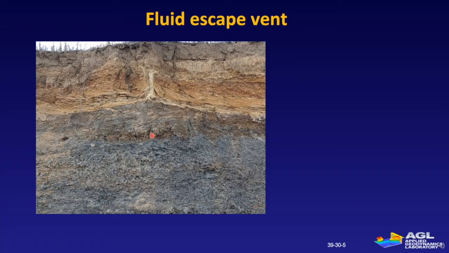Let's look at a few other features. This is a very nice example of a fluid escape vent. If you look at this carefully, what you find is that the fluid has bent the sediments up. Some of this may actually be sand volcano. What you see within the core of this fluid escape feature is mostly sand, so it doesn't appear to be a diapir.